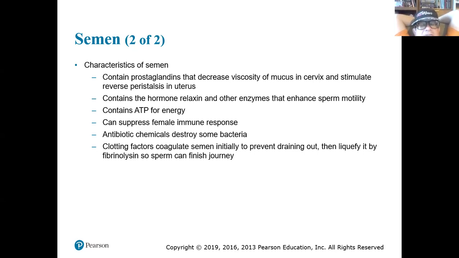What we're saying is that right after ejaculation, this semen is thick, and then over time, it becomes thinner. So the idea is that initially it's like, we made it, we're in the vagina, and it stays there. But then over time, it will get thinner and it'll be easier for the sperm to swim on. Okay.